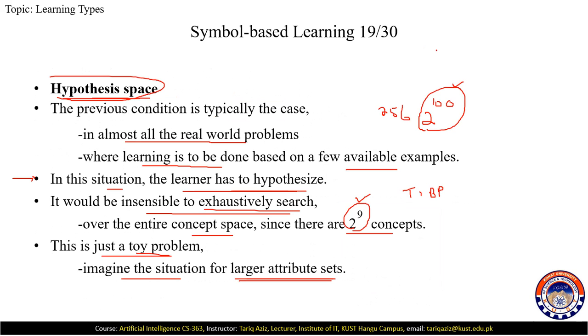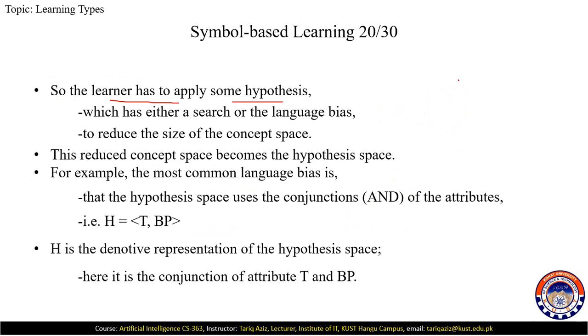Our intention is to reduce the concept space, because with 2 raised to the power 9 concepts, we will have this many concepts. But we said that this is with respect to only two attributes. So if we have a larger number of attributes, then we will have more than that concept space. But now what we want a learner to do, we want our learner to hypothesize.